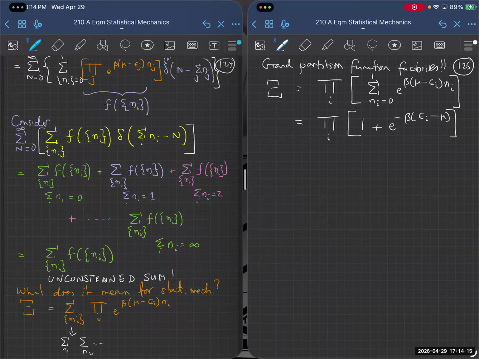And then the equation of state. Well, remember what the equation of state is for the grand partition function.